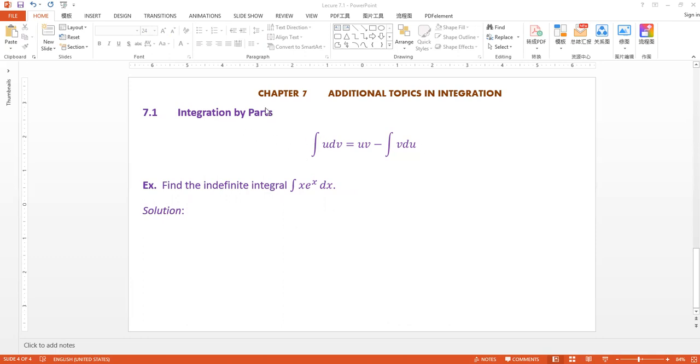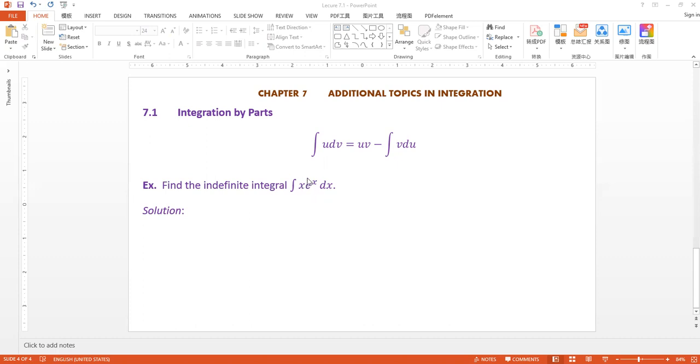First, this integration by parts formula comes from the product rule in differentiation. So it involves a product of two functions, basically. In terms of integration, it has the correspondence in differentiation.